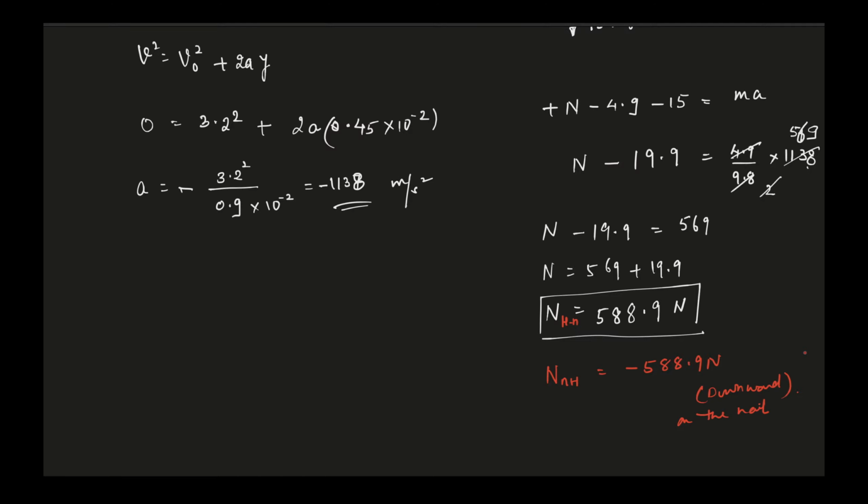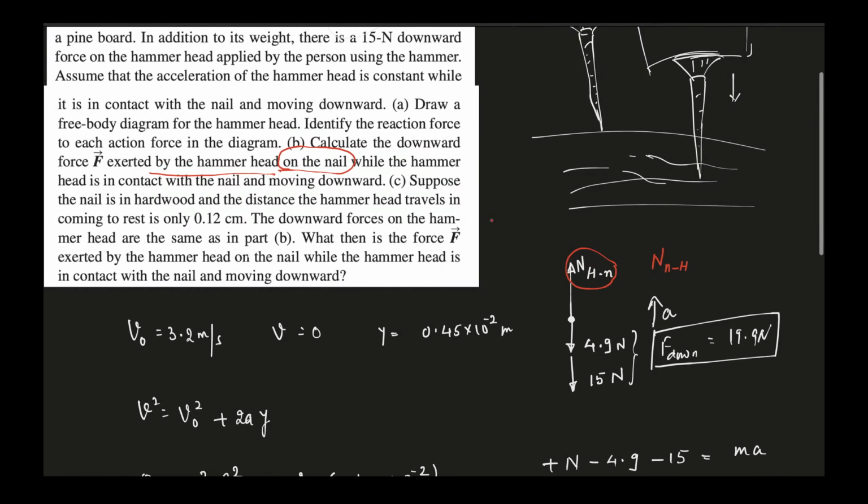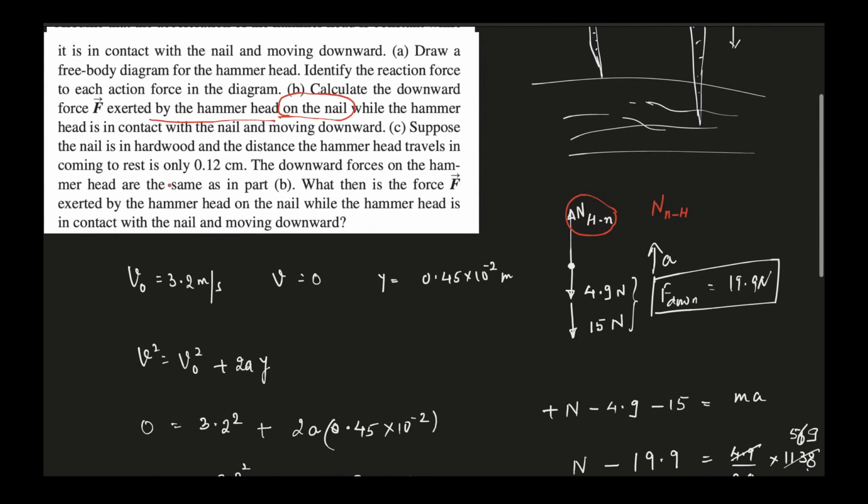So you have to be very clear in your mind which is the body on which the force is being calculated. Here the forces are given on the hammer but asked on the nail, not on the hammer. On the nail by the hammer.